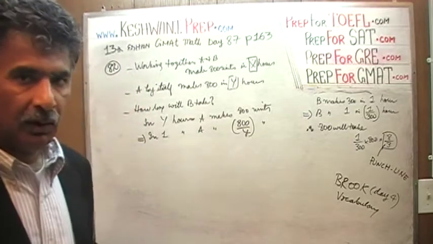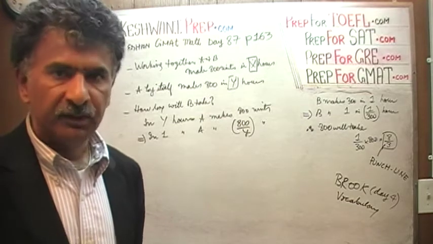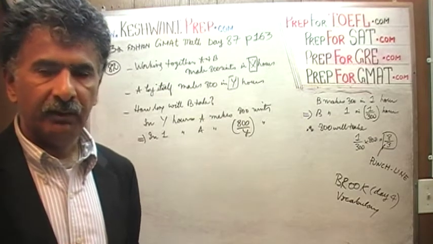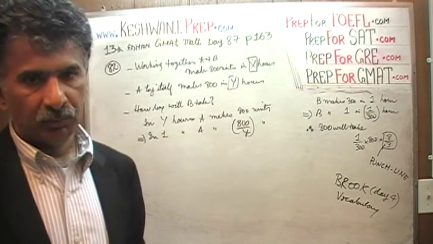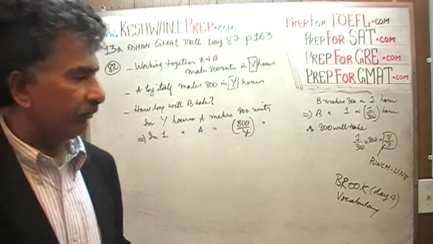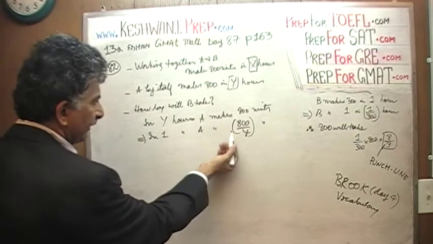Just like before, when we had plugged in 8 for y, we figured out the rate of work, which was 100 units per hour. And then we ask ourselves, well, at that rate, how much will A contribute to the total work? Because they're working together only 2 hours, which is what we're going to do now. So now we know that A is making in 1 hour this many units.